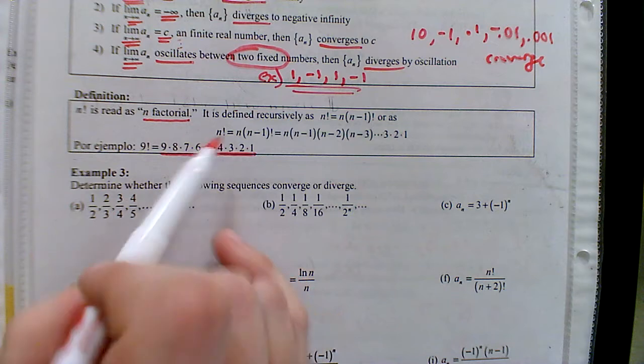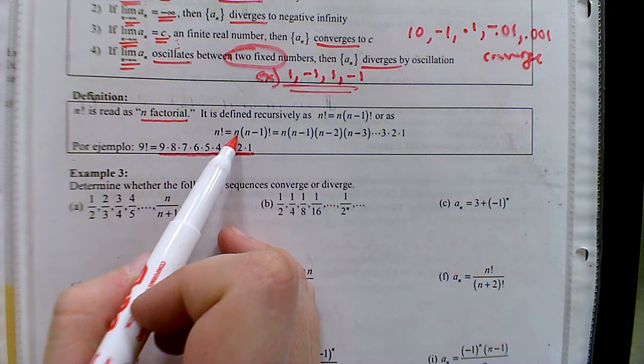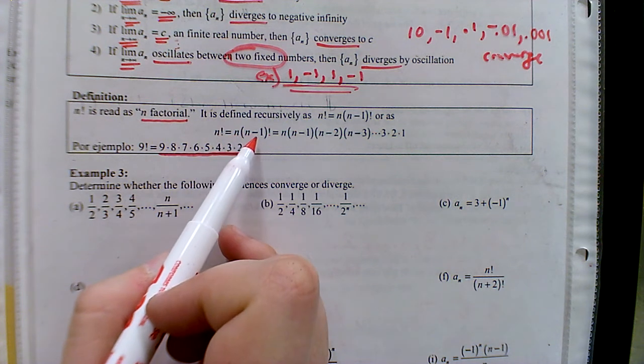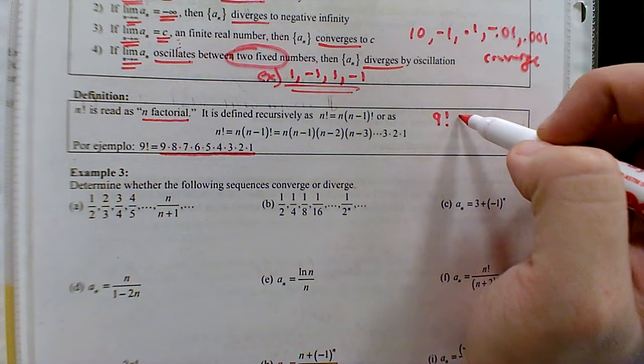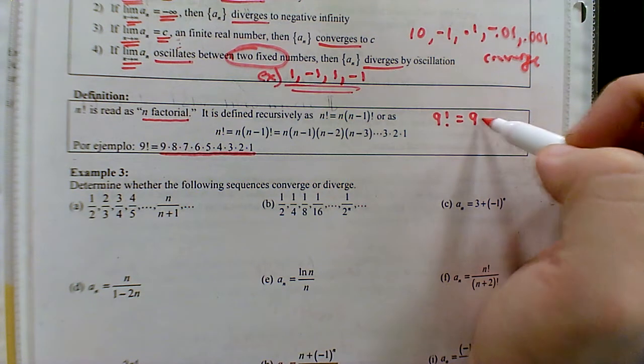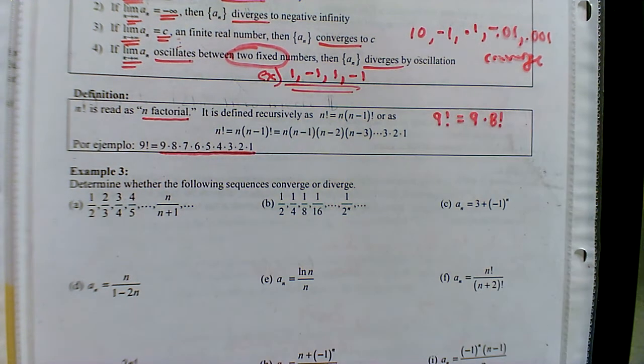So if we have n factorial, we can write that as n times (n minus 1) factorial. For instance, if we had 9 factorial, can't we write that as 9 times 8 factorial?